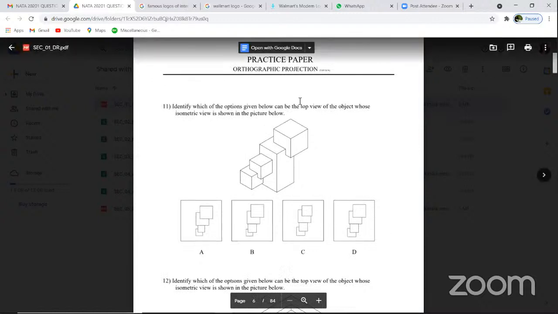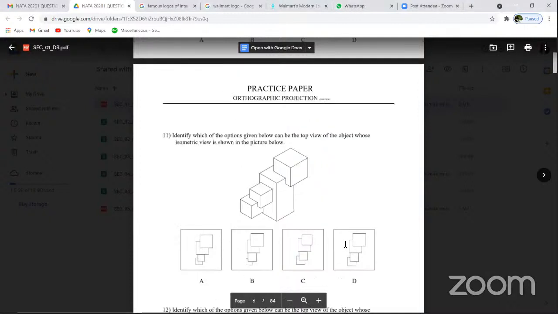This one, try. Option D. Option B. Option D. Yes, option D is correct.